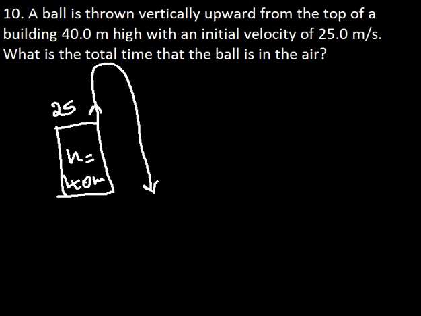For this case, we need to have the time it takes for the ball to reach the ground from the top of the building upon being thrown up. So how do you think we should find the time? The total time is calculated from the displacement formula, which is h is equal to ut minus half gt squared.